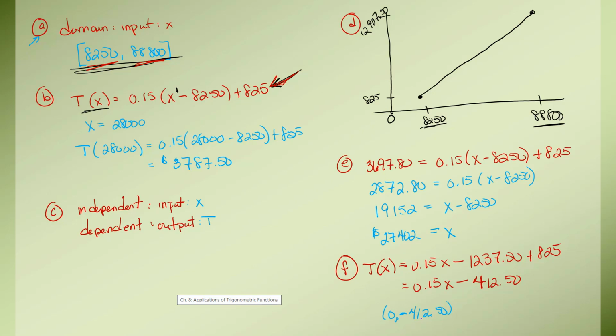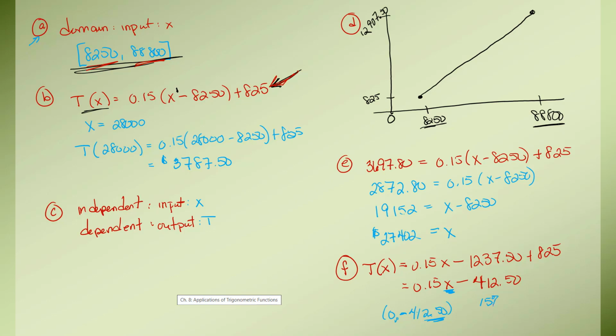They're going to get paid back $412.50. But as x keeps increasing, as this adjusted gross income keeps increasing, then this y value changes. And it will change to a positive number, won't it? As it did in Part B. Does that make sense?